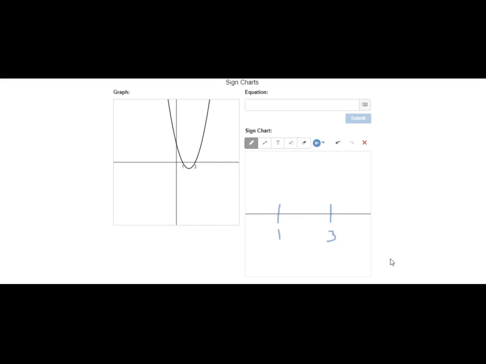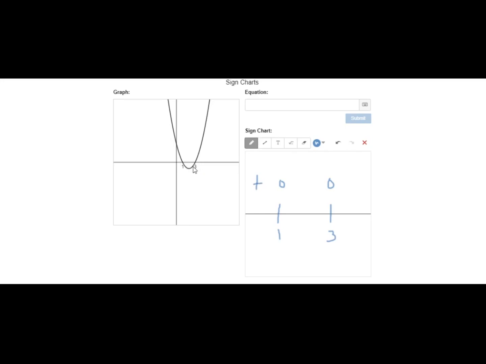So all I did was write on it by clicking and holding it down and drawing my stuff in. So now I have 1 and 3. I know that at 1, I'm neither positive nor negative, so I'll put a 0 there. Now, on the left side of 1, I am positive. I'm positive all the way up until I hit 1, so I'm going to put a plus sign here.